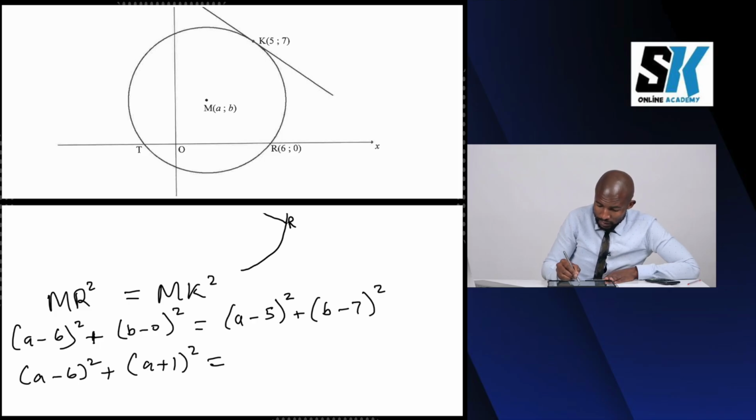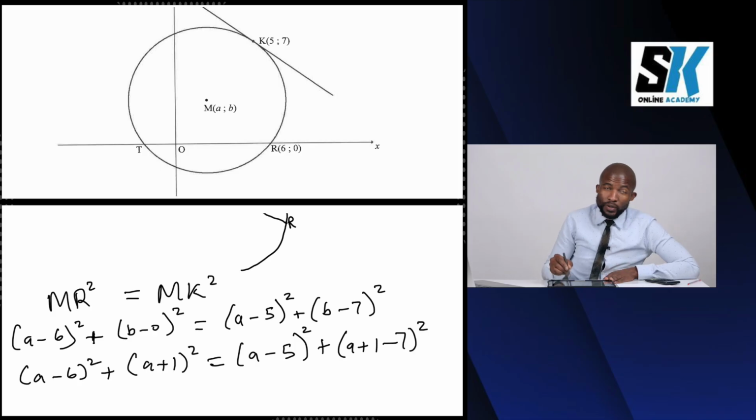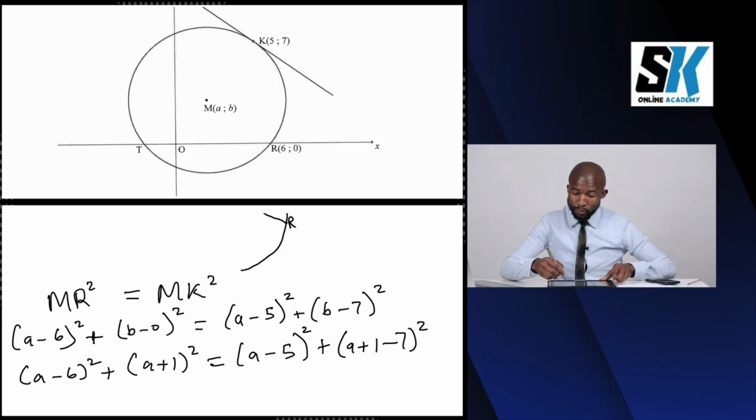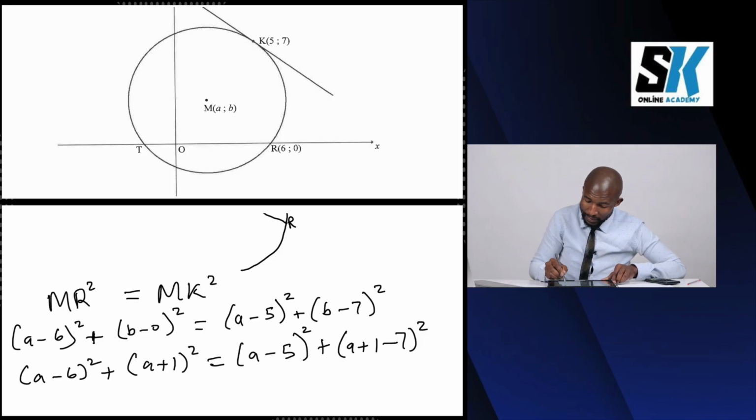Then (A minus 5) squared, and in place of B, I'm going to substitute A plus 1 again. So it's (A plus 1 minus 7) squared, and A plus 1 minus 7 is going to be A minus 6, a negative 6 here.